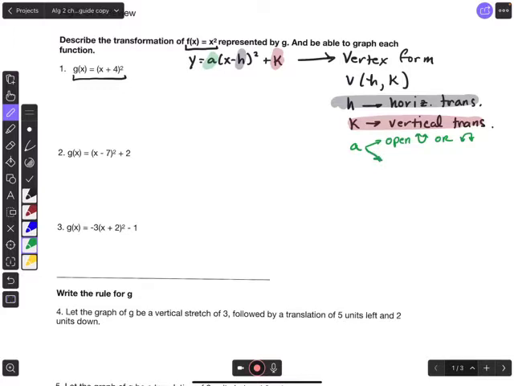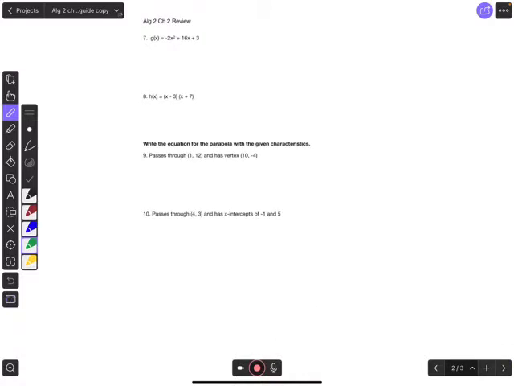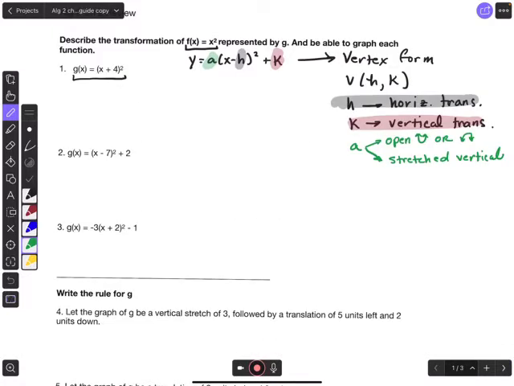And it tells you if it's going to be stretched vertically, or, sorry about that, whether it'll be compressed vertically. It'll actually be a horizontal stretch at that point. They call it, I believe, a shrink, or whether it will be shrunk vertically.